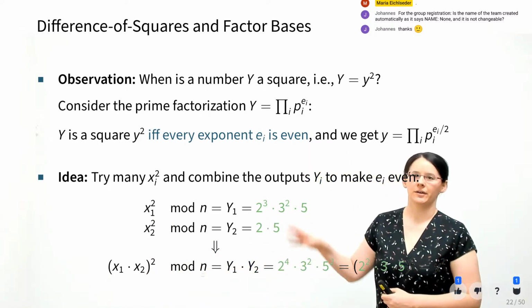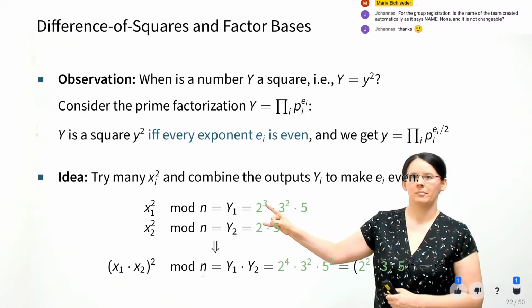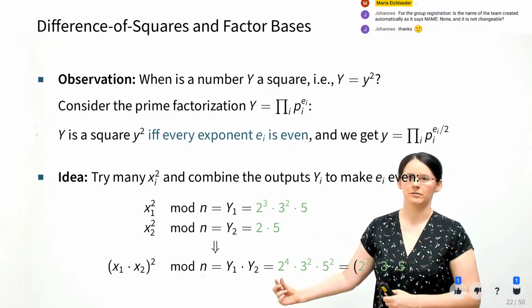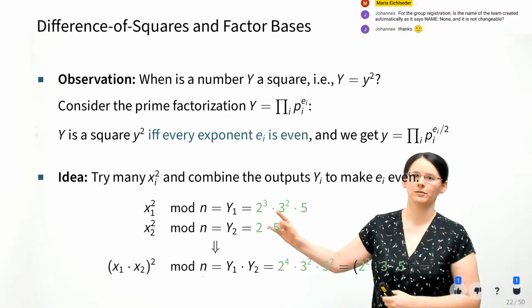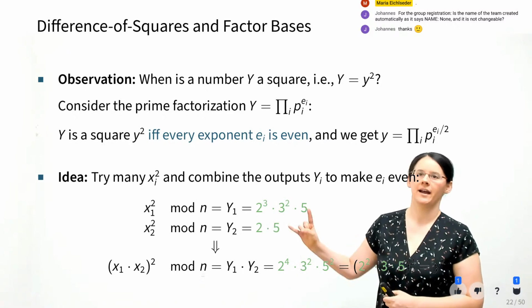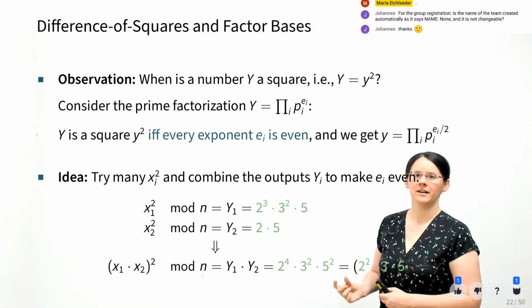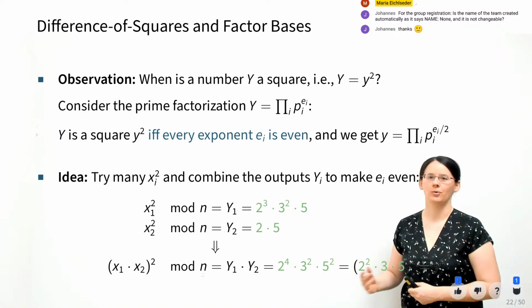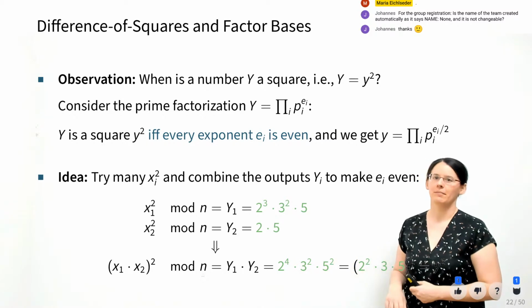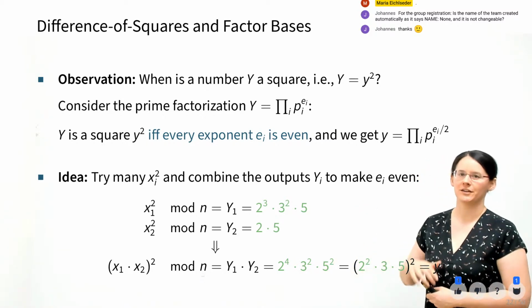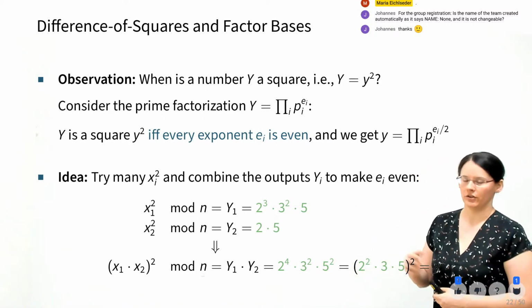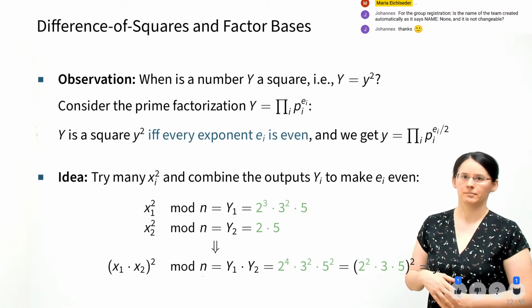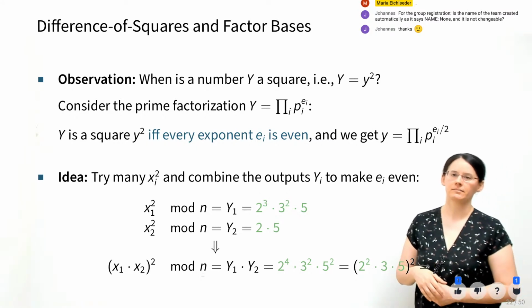And if I do this on the right-hand side, combining these two odd ones gives me an even exponent. Combining the two even ones gives me an even exponent. And combining the two odd ones again gives me an even exponent. So I can create squares on this side here by multiplying up a suitable combination of non-square prime factorizations.